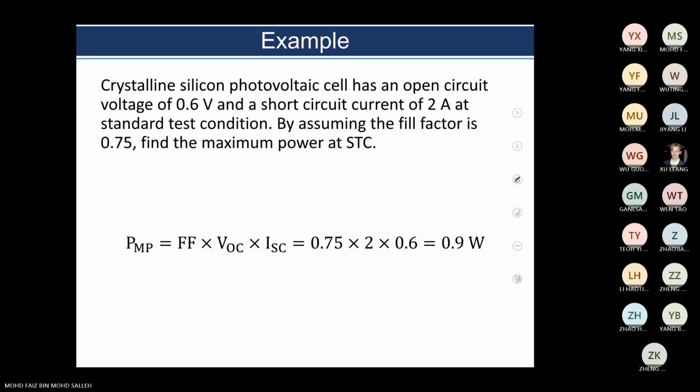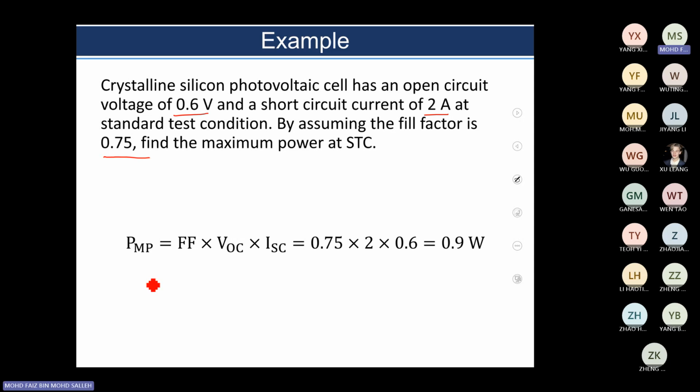Some basic calculation. Consider a crystalline silicon photovoltaic cell that has an open circuit voltage of 0.6, short circuit current of 2 ampere. And at the standard test condition, the fill factor is 0.75. From these values, we can already estimate the maximum power that we can obtain from this solar cell, from the equation.